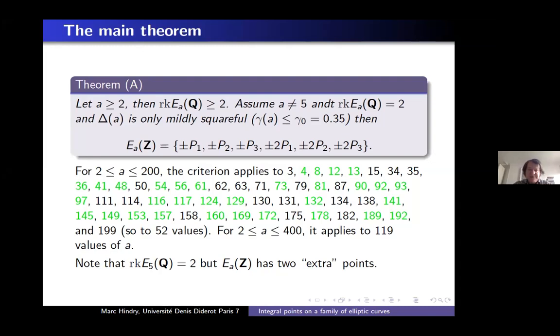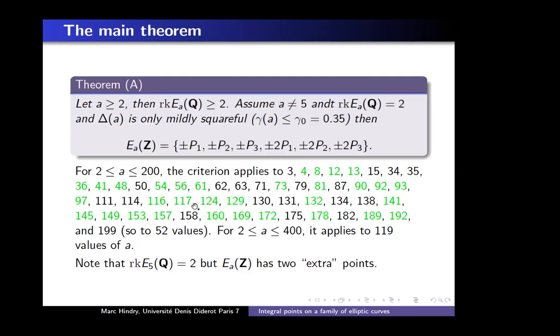So essentially it says that you don't have an absurd huge factor with some exponent in the determinant. It's something that actually should always be true, though we don't know how to prove it. It's implied by the ABC conjecture, for example. So what the theorem says is that if the rank is 2 plus a very mild hypothesis, then the only integral points are the ones we already know. I mean, we already know the three trivial ones and the doubles. And what it says is that these are the only ones.